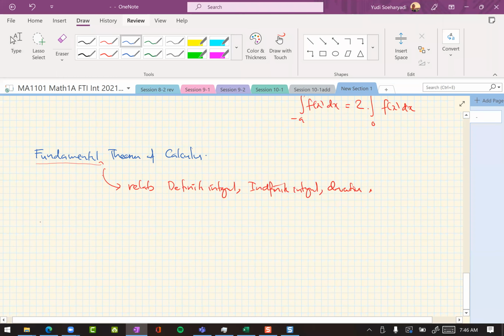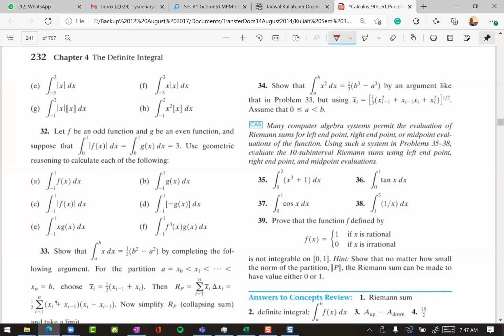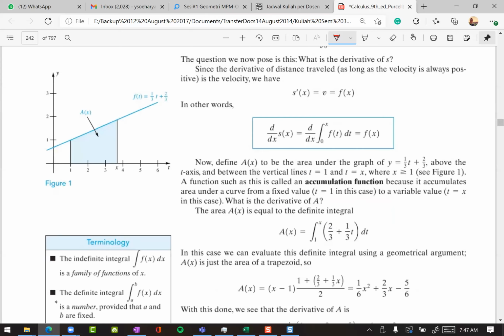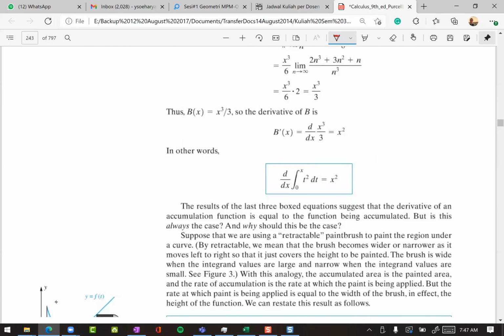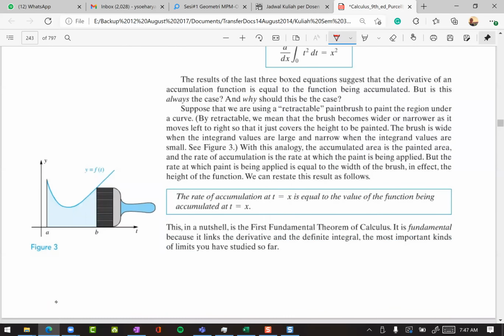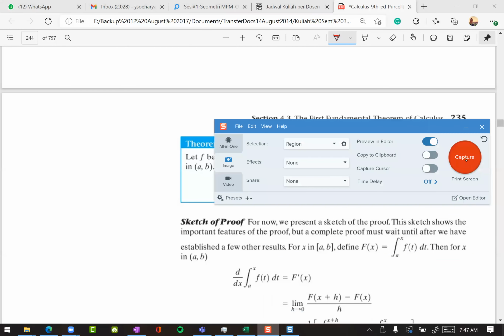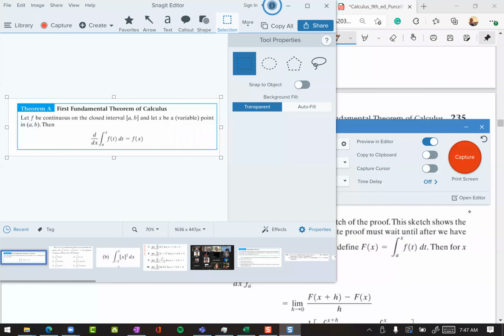First one says that, I guess, take, where is that thing?